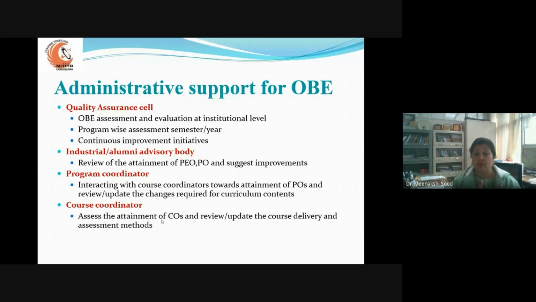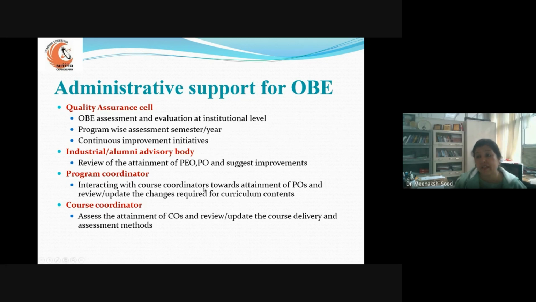The course coordinator will take care of all the marks and do this assessment part, right? So a course coordinator is needed when a number of teachers are involved in one course, and a program coordinator when the department is running more than one program.